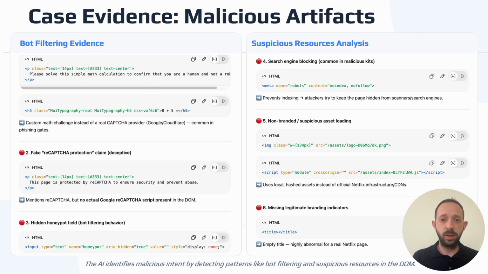I have the hidden honeypot field. Basically, there is a hidden input field, again designed to trap bots and evade some automatic scanning. Basically, this is basic bot filtering to protect the page from scanning.